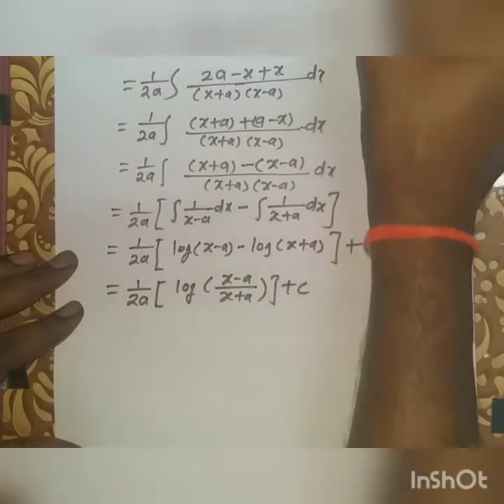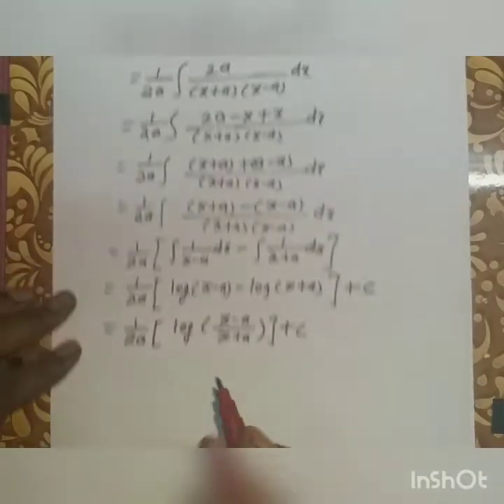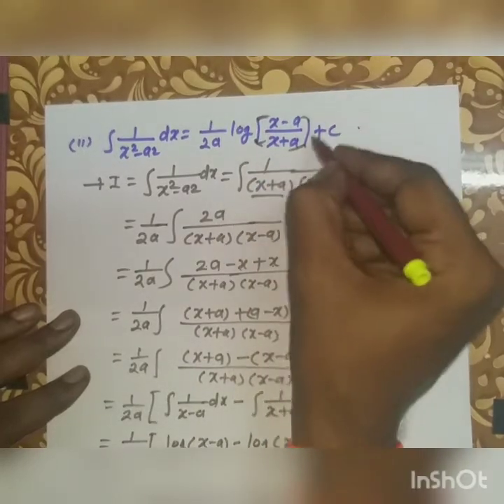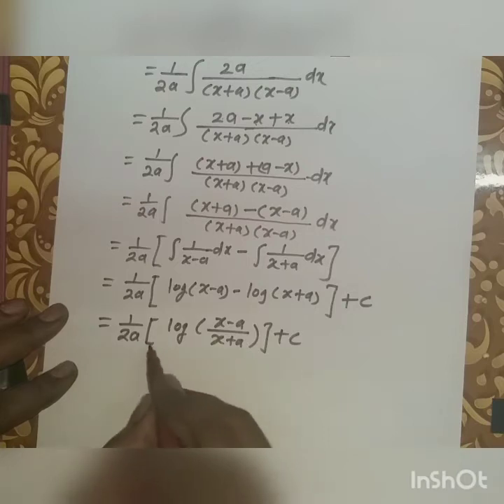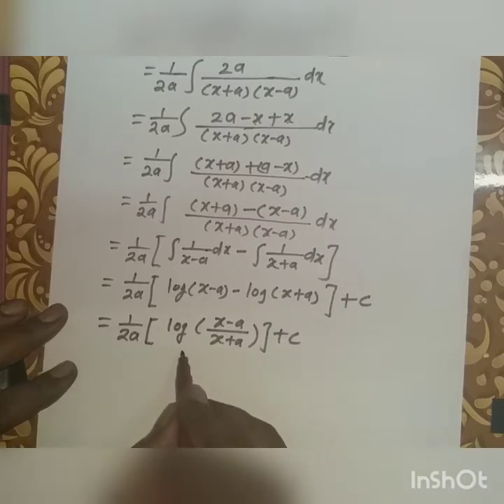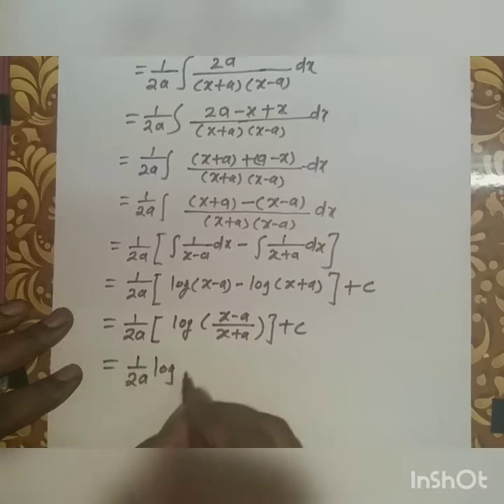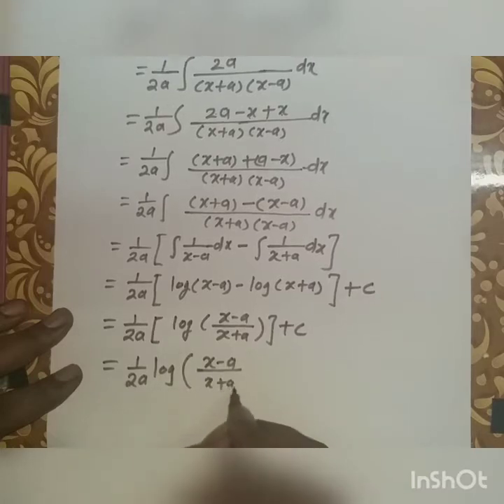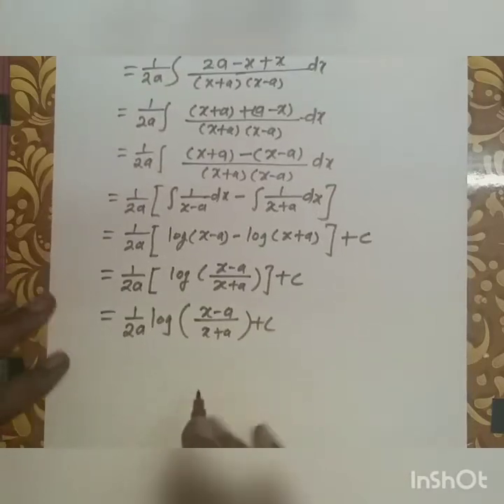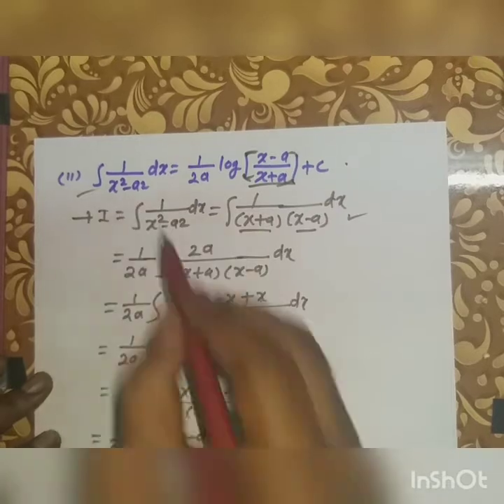Now we take the bracket, we could take modulus also, but in our text every time we take the bracket, therefore 1 by 2a into log of bracket x minus a divided by x plus a, plus c, which is the answer of this proof, integration of 1 divided by x square minus a square.